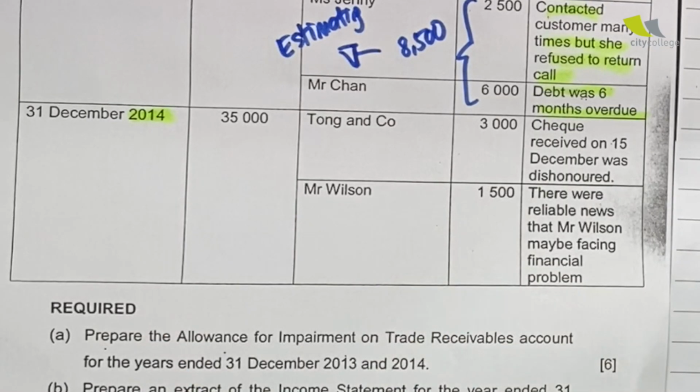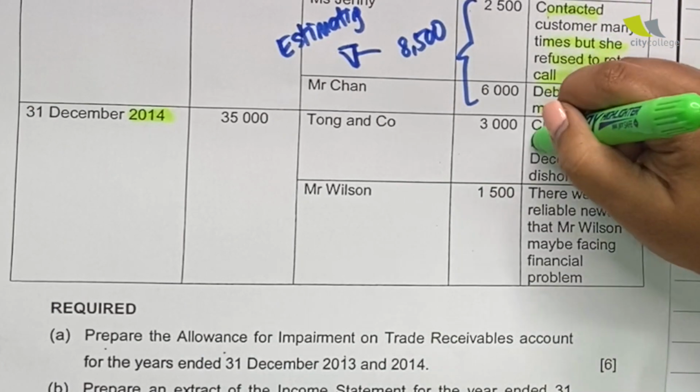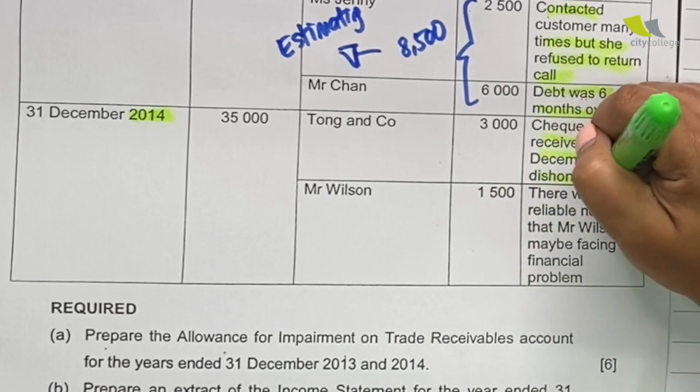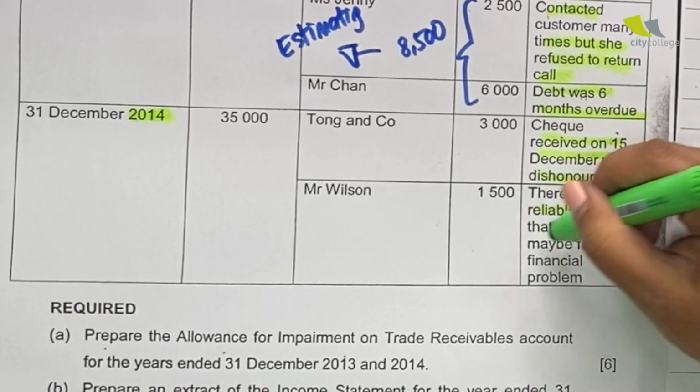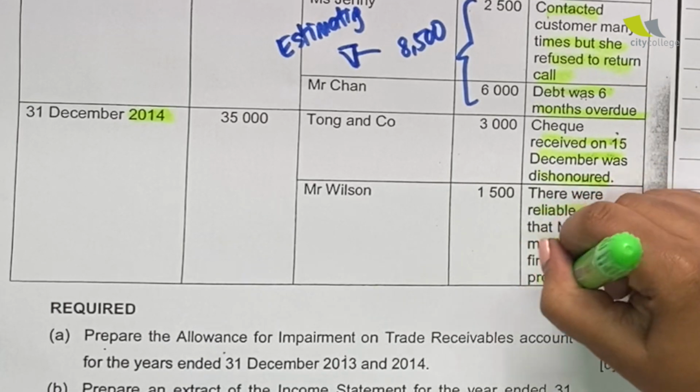2014, we have Tong & Co. The check was received, but it was dishonored. Now, if a customer pays you a check and it ends up being bounced, you know that they actually don't have money to pay you. So that is another good reason to suspect that they cannot pay you back. Wilson, there was reliable news that he may be facing financial problem.